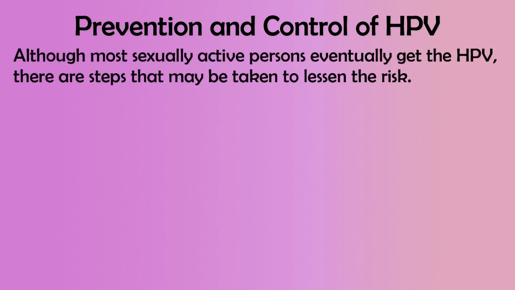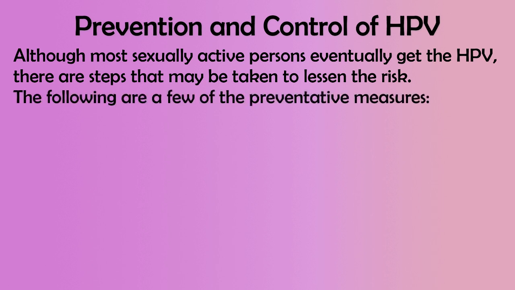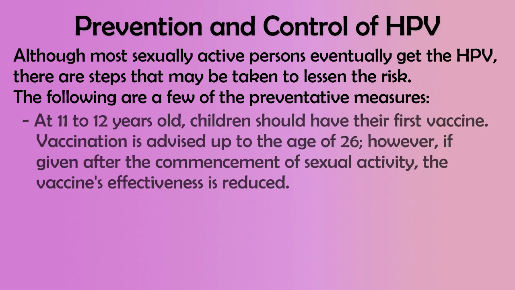Although most sexually active persons eventually get HPV, there are a few steps that may be taken to lessen the risk. The following are a few preventive measures. At 11 to 12 years old, children should have their first vaccine. Vaccination is advised up to age 26. However, if given after the commencement of sexual activity, the vaccine's effectiveness is reduced.